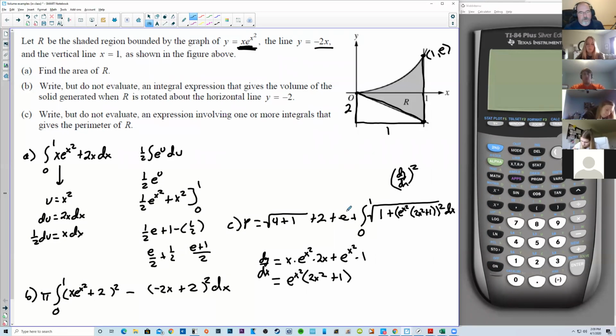Now, of course, they're going to write this as the square root of 5. So just a little bit of simplifying. Length is the integral from a to b of the square root of 1 plus dy dx squared. That's the length of a curve.